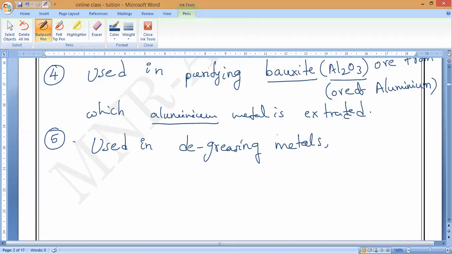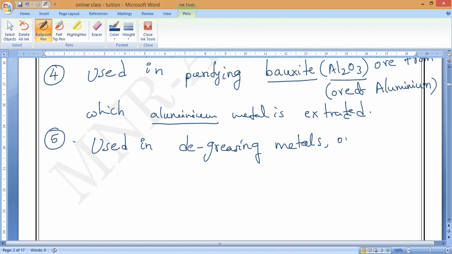Whenever you want to use those metals again, we want to remove that grease. For removing that grease, we use sodium hydroxide. It will remove it very neatly. So that is what we call degreasing metals: removing the grease which is applied on the surface of metals.